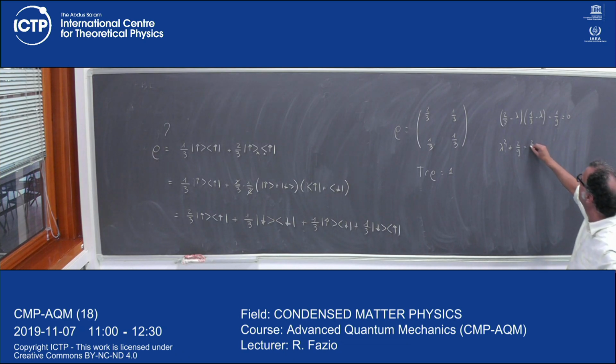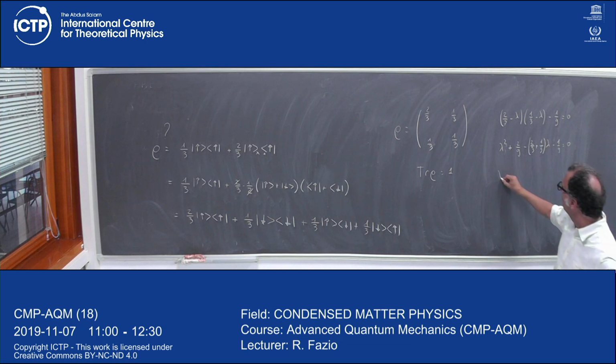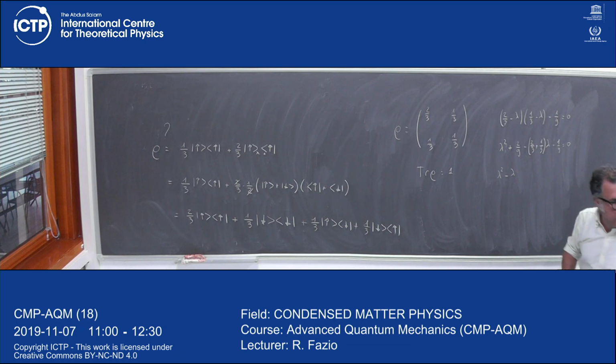So I get lambda squared minus lambda plus 1/9 equals 0. What is lambda equal to?